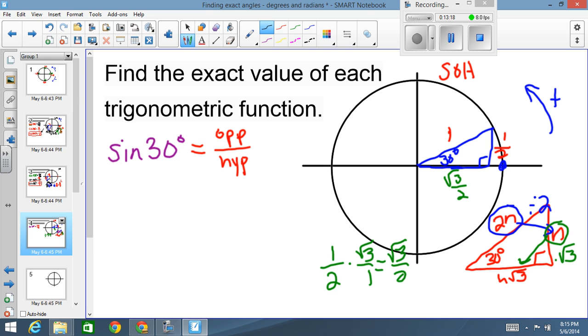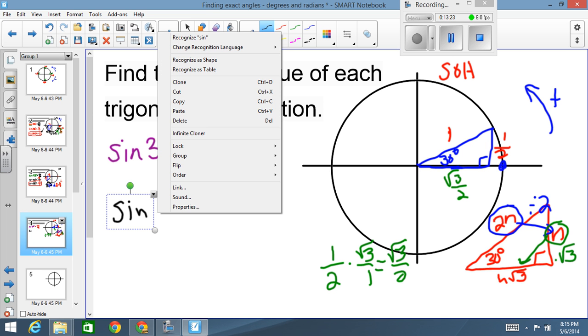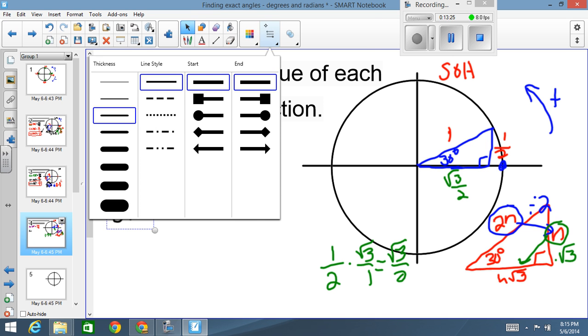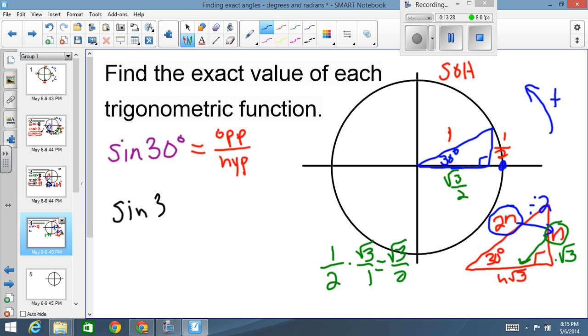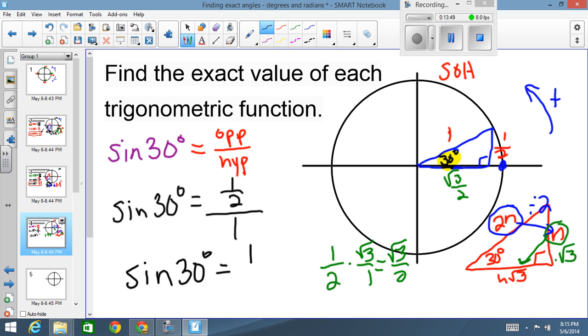Now that I have all three sides, and I don't even need all three sides, but since you're already in the process of doing it, you might as well just keep going. So I have sine of 30. This here is the angle I'm working with, so opposite of that is 1/2. So I have opposite, which is 1/2, over hypotenuse, which is 1. Any number divided by 1 is just itself, so we just leave this as 1/2.